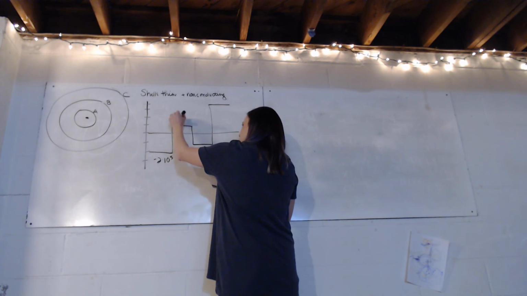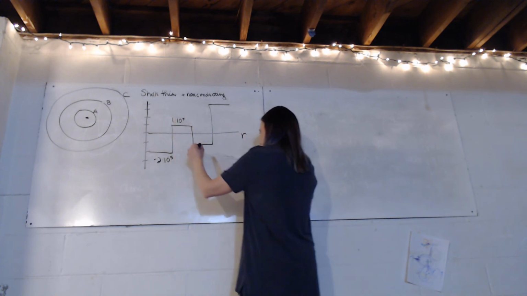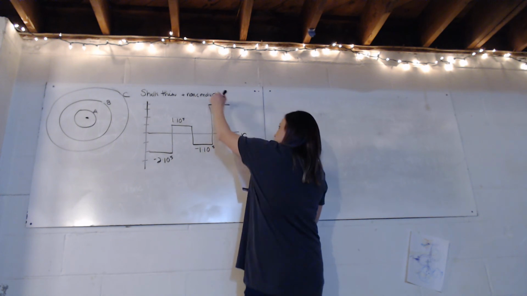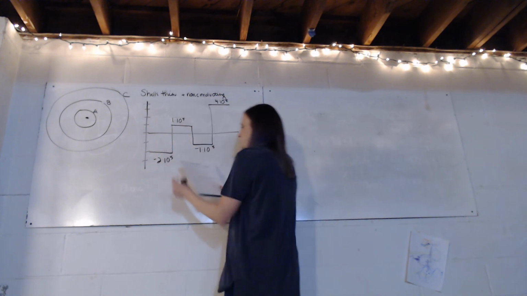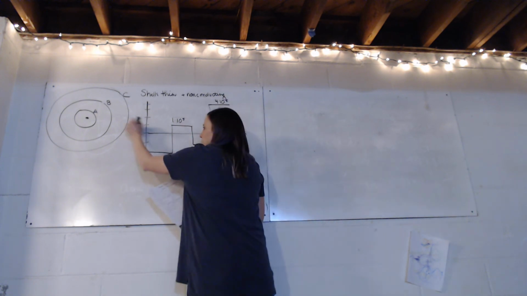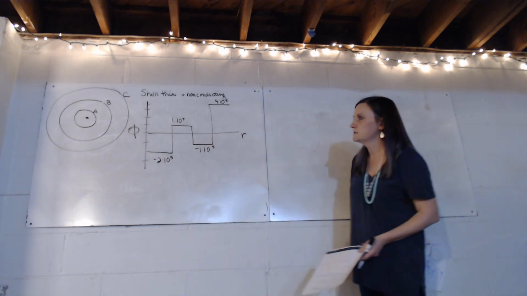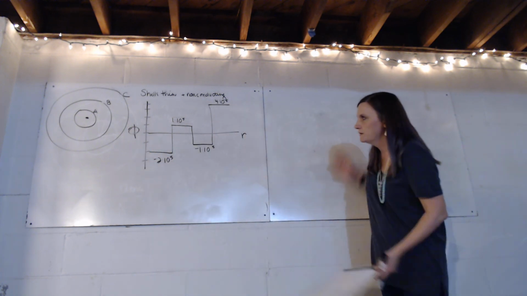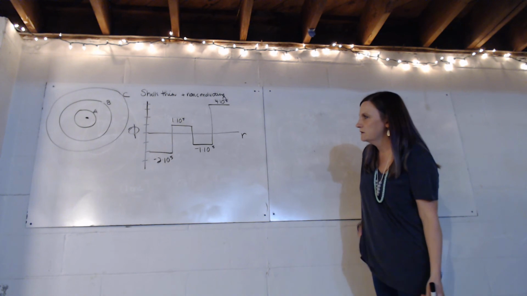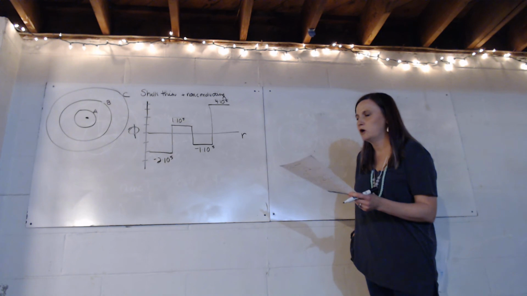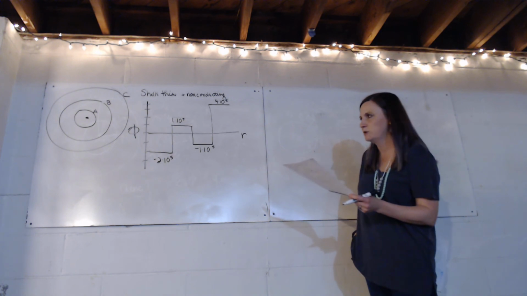Okay. +1 times 10 to the 5th. -1 times 10 to the 5th. +4 times 10 to the 5th. Okay, these are all newtons per coulomb. So what you have on this graph, flux is on your y-axis, and radius, so we're working our way out, is on your x-axis. And so the question would ask you to find the charge of the central particle, shell A, shell B, and shell C.